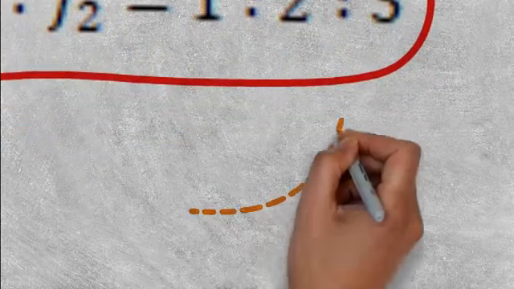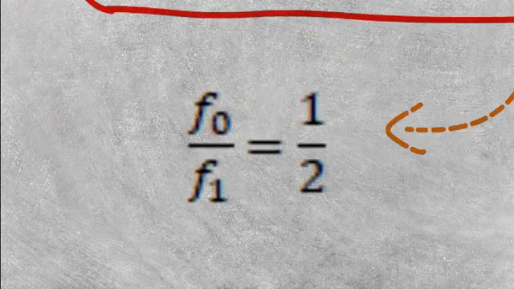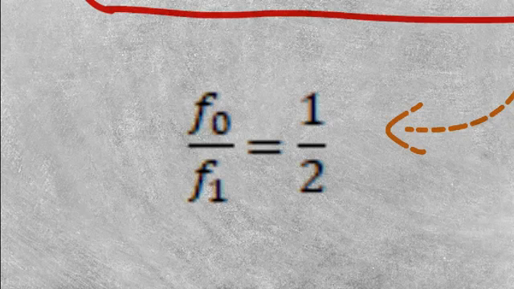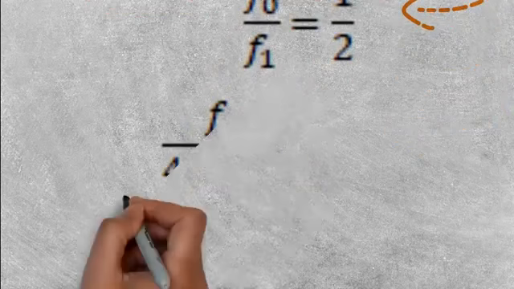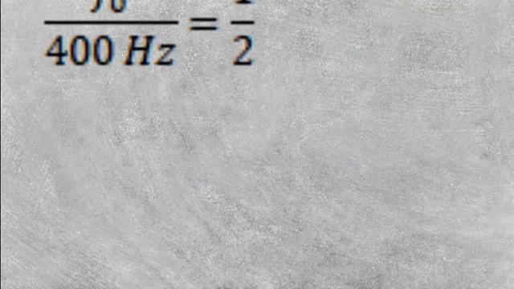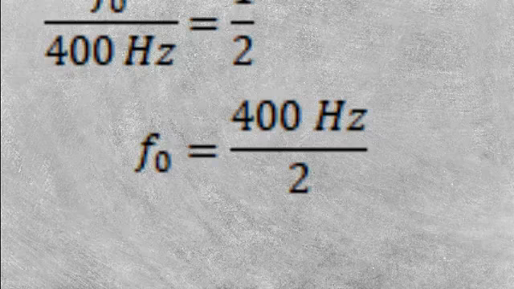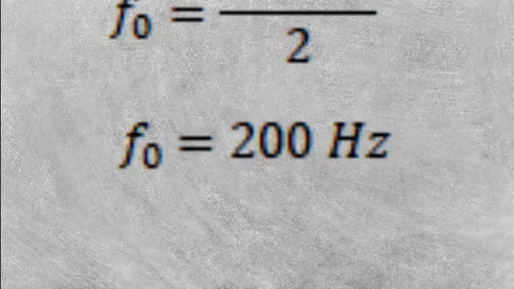So the fundamental harmonic gets 1 part, and the first harmonic gets 2 parts. So the frequency of the fundamental harmonic is half of the frequency of the first harmonic. So the frequency of the fundamental harmonic is 200 Hz.